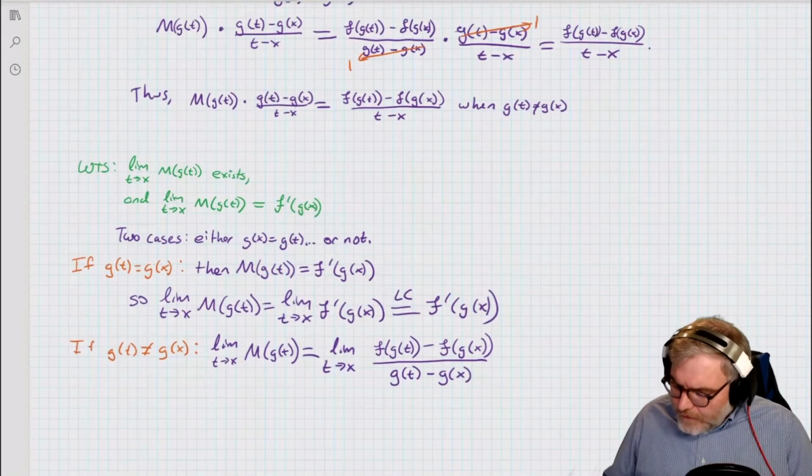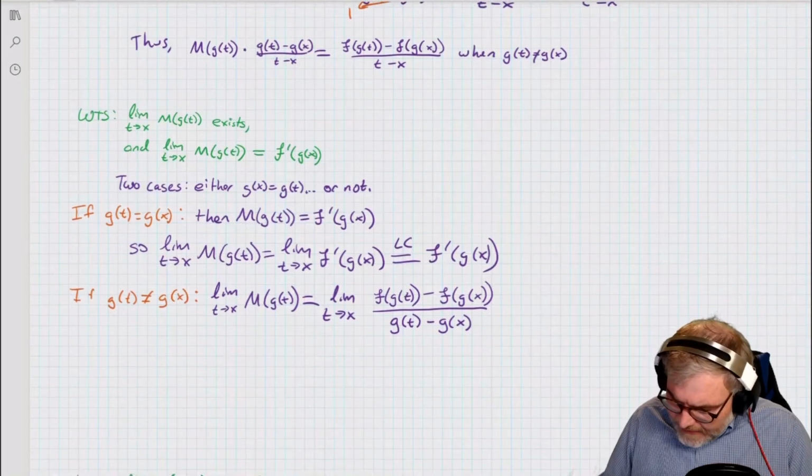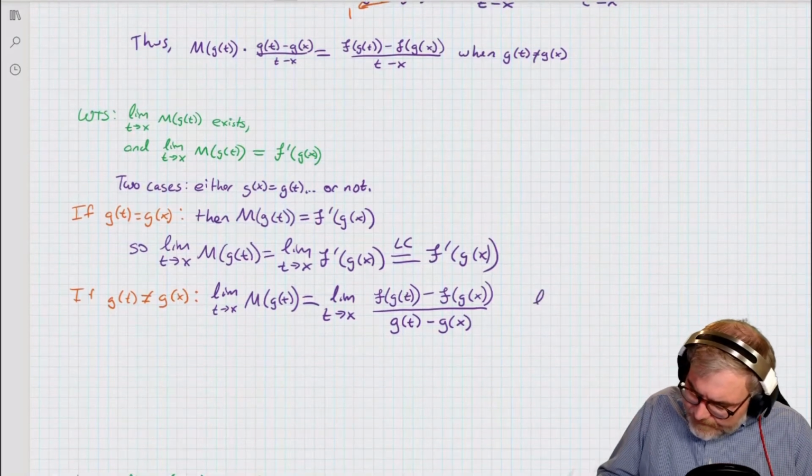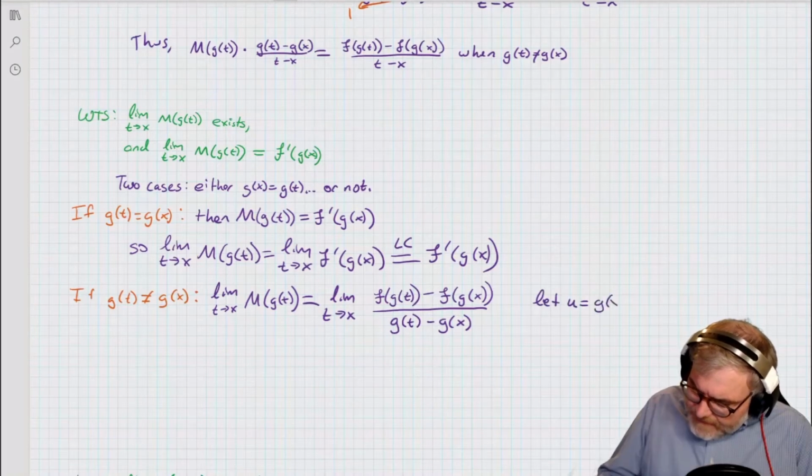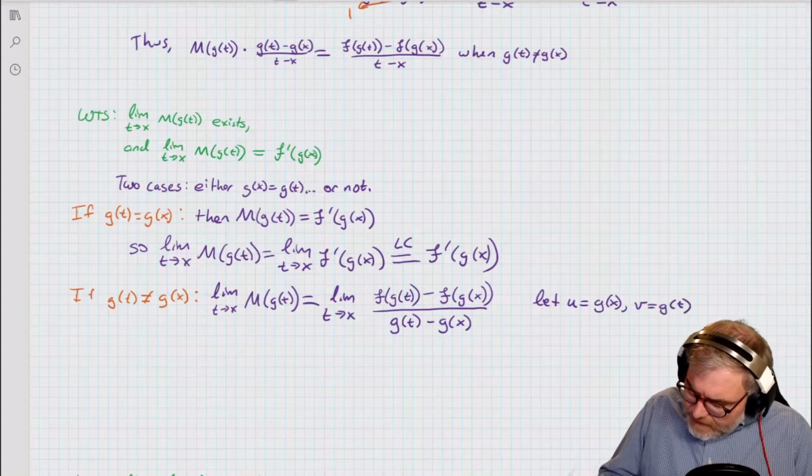Okay, so what I'm going to say here is I'm going to let u equal g of x, v equal g of t.